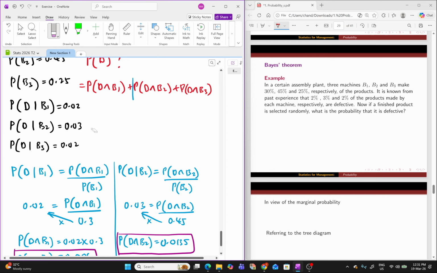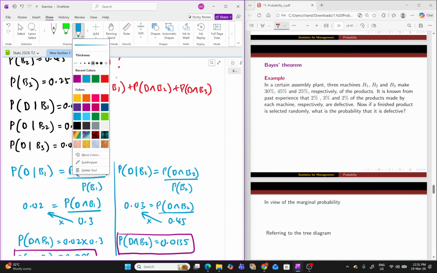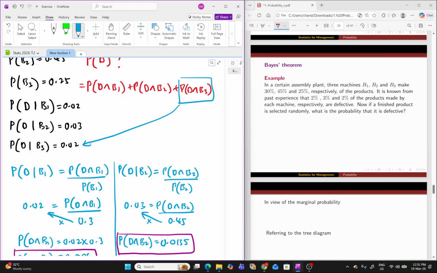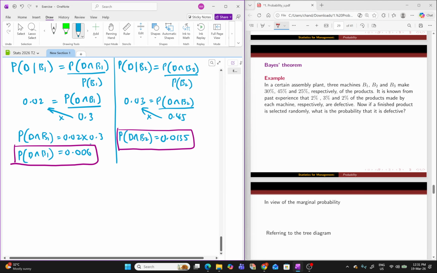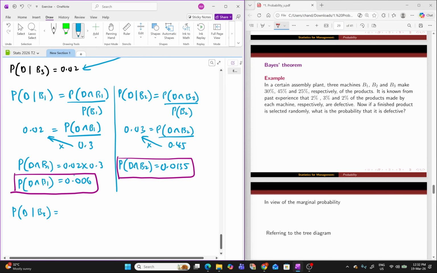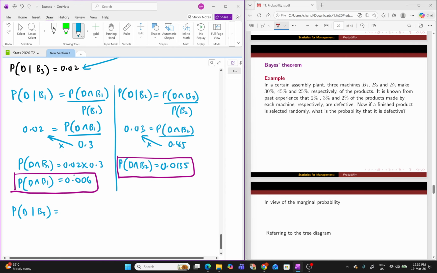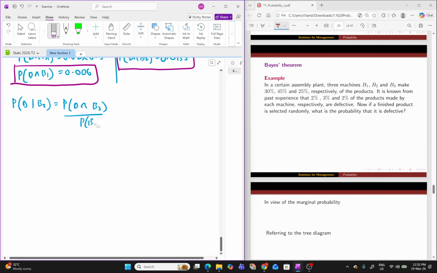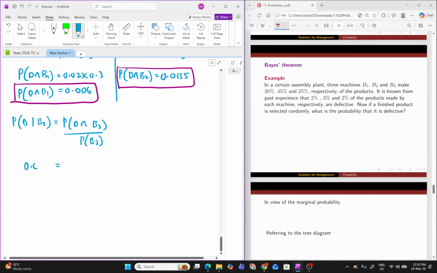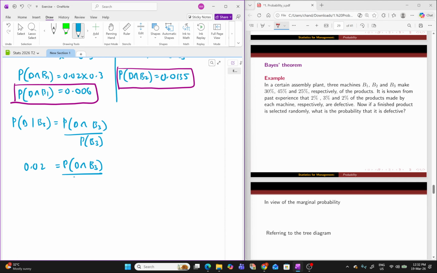And the other one, 0.02. B3 is 0.25, cross multiply.